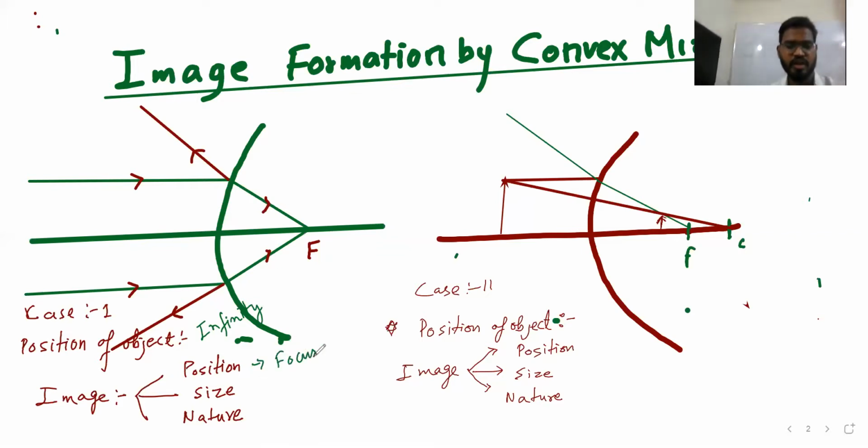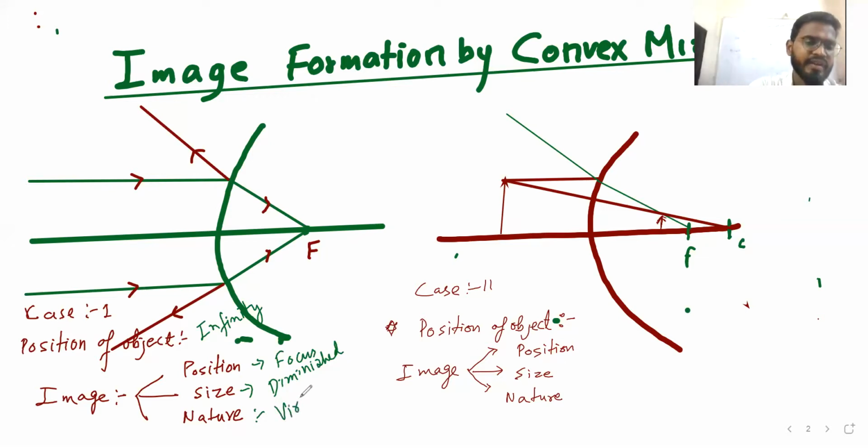And the size of the image will be diminished, right? It is too small, a point size image is forming. So it will be diminished. And the nature is going to be virtual and erect, because actually the rays are not meeting.